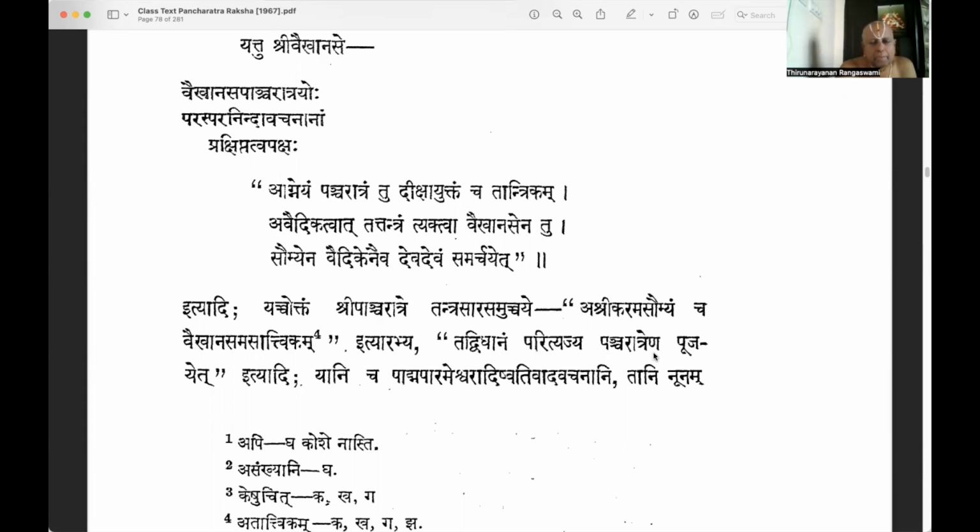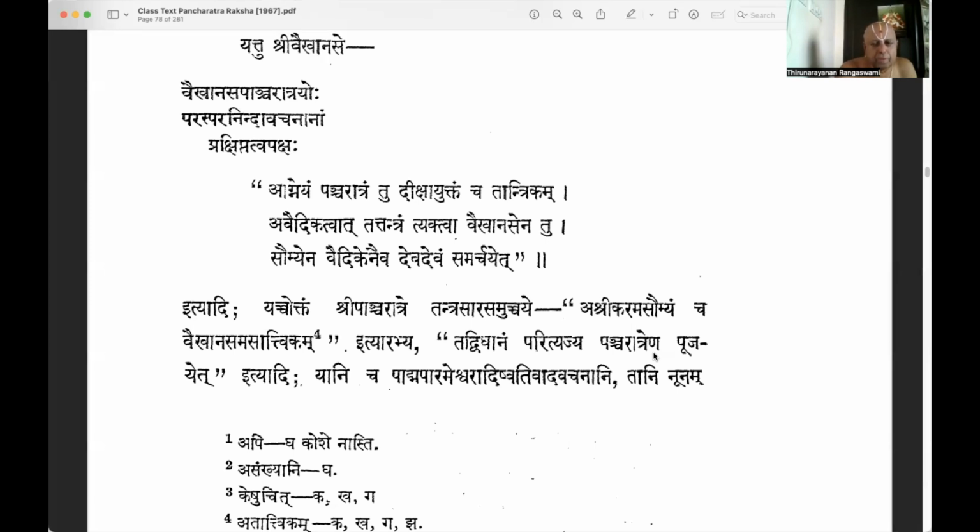So when there are opposite elements between Vaikhanasa and Pancharatra, what should be declined, what should be deleted, and what should be accepted. That is the topic of this page 23. Actually, the important aspect is what should be thrown out, what should be deleted, rather than what should be accepted.